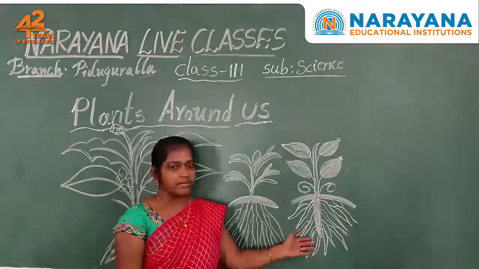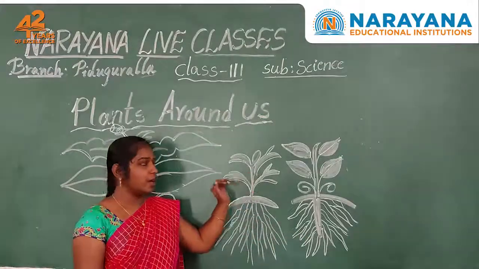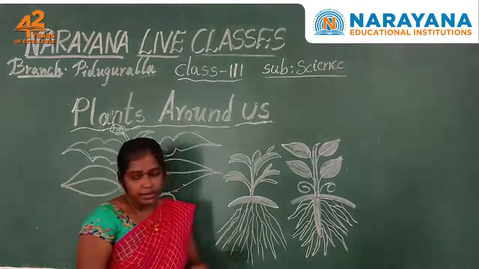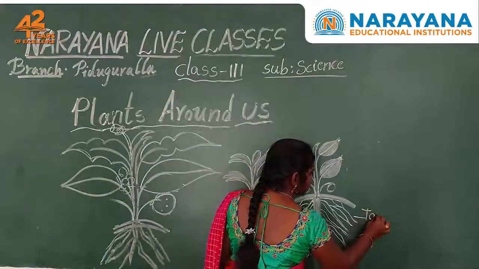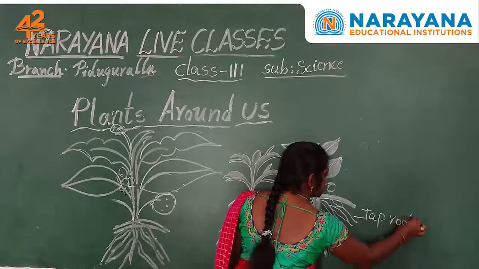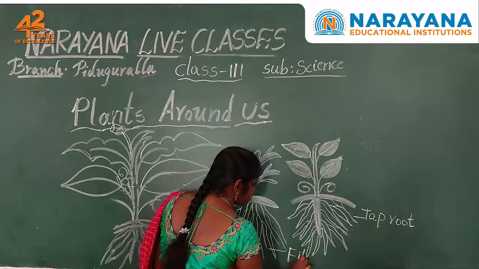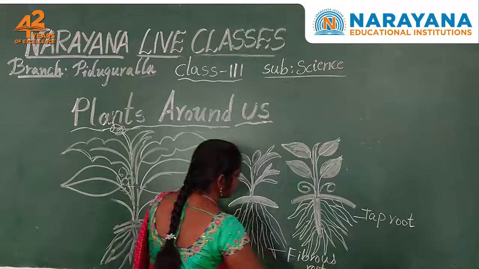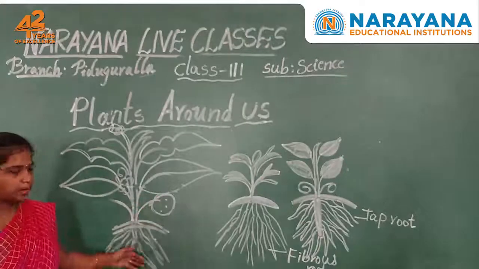So these are the functions. It also transmits all the minerals from the ground to different parts of a plant. Now what is this? This is a taproot. This is a fibrous root. This is about roots.